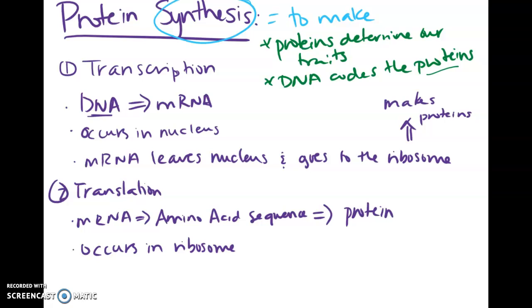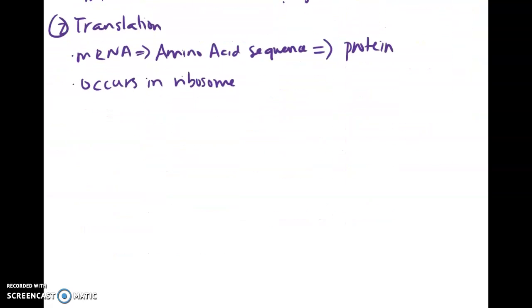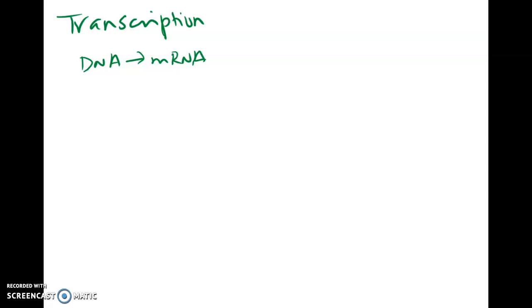Right, so let's look at some examples of how transcription and translation work. Right, so with transcription, that is where DNA is changed into that mRNA strand, and then there is a base pair rule that goes along with this as well.